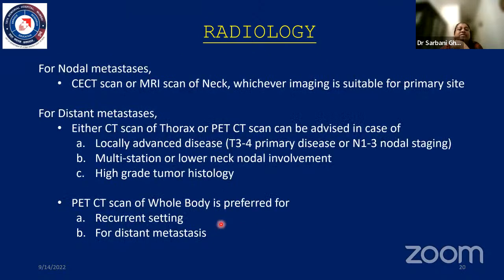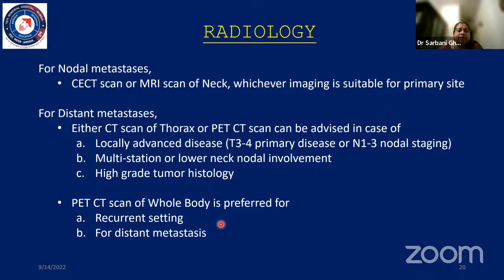For nodal metastasis, usually a CT scan, whichever imaging is used for the primary site. For distant metastasis, if it is suspected, we would do a PET CT, or in several cases, you could do an NCCT of the thorax to rule out metastasis to the lungs, or in high grade, or a different histology, or multiple lymph nodal involvement in the neck.